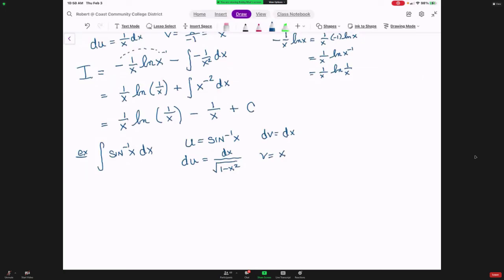So our integral of sine inverse of x is uv minus the integral of v du.